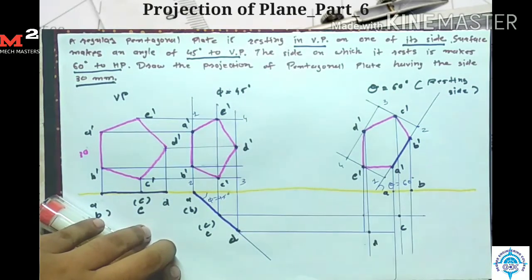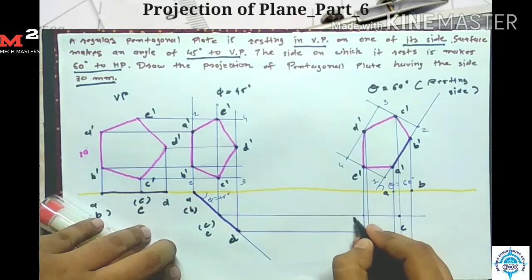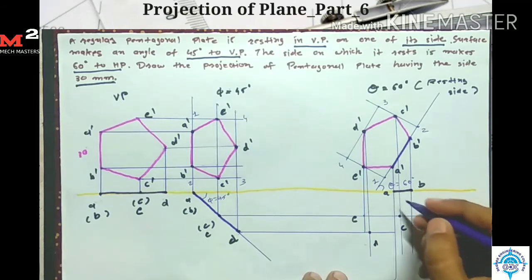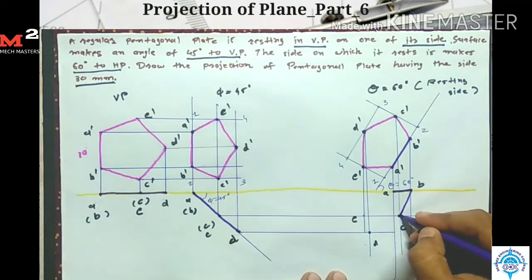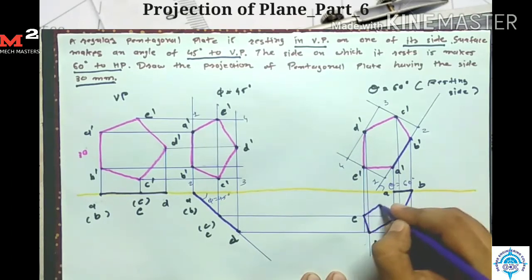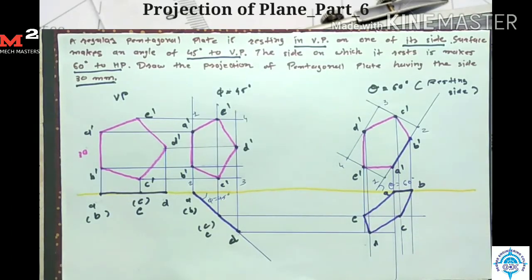So here I get my point E. Okay, joining these points, A to B, B to C, C to D, D to E, and E to A. Okay, so in this way I draw the top view for the third stage.